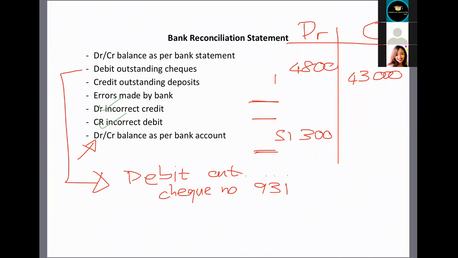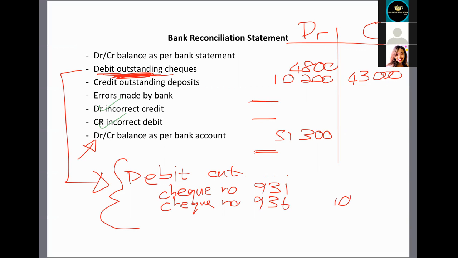So it's going to be 10,200. I just don't have enough space to write it for you and show you. So this information at the bottom here is going to be there. So you write your check number, it was 936, and then next to it, 10,200.